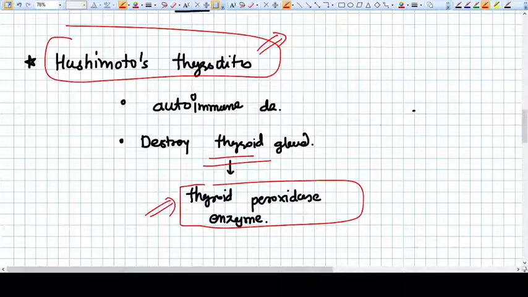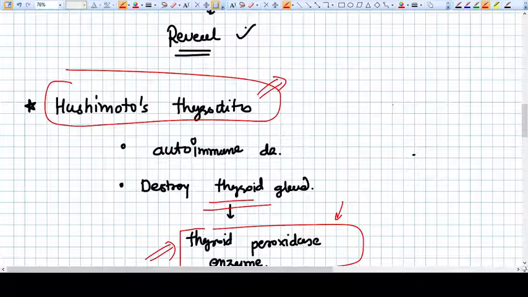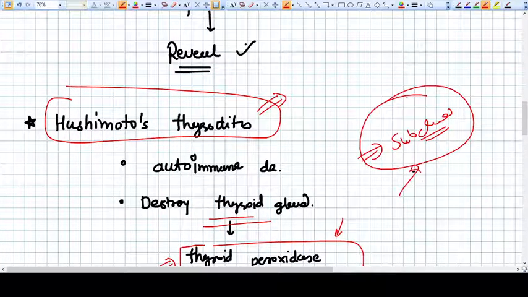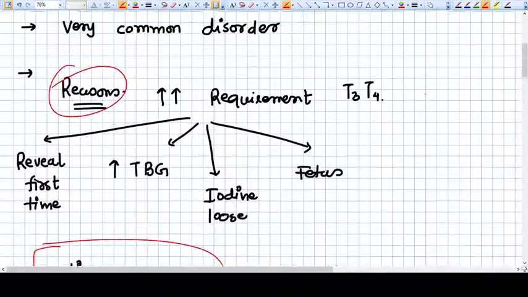Thyroid peroxidase enzyme is at the very center of thyroid hormone formation, so that enzyme is reduced by these autoimmune antibodies. That's why the production of thyroid hormone is decreased, and this is why hypothyroidism is there. Again, this can be subclinical, and it can come to light when the patient becomes pregnant and we do our investigations.